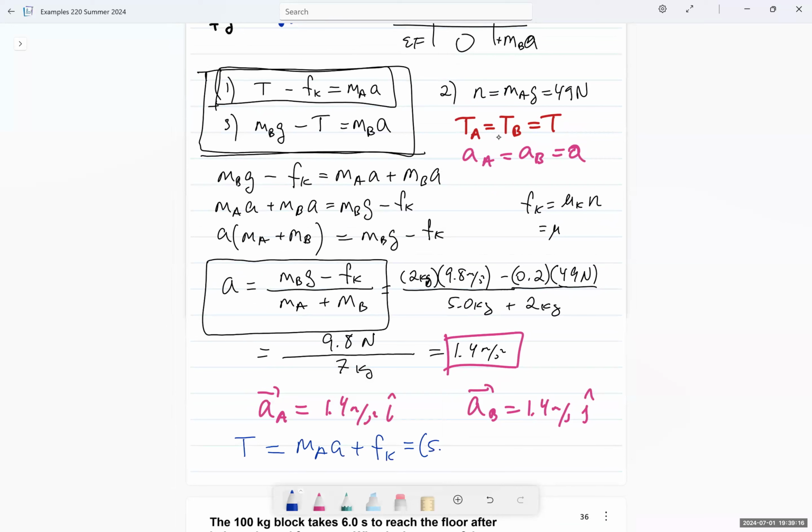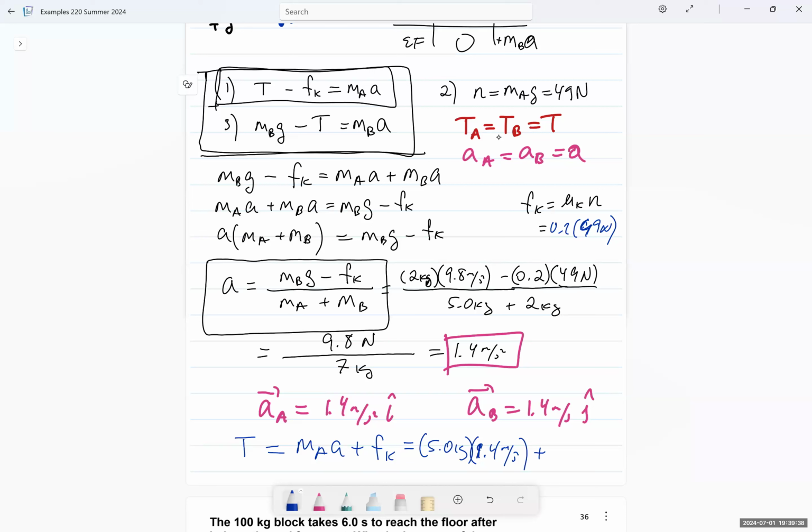That was 5 kilograms for the mass times an acceleration of 1.4 meters per second squared, plus kinetic friction, which was 0.2 times 49 newtons.